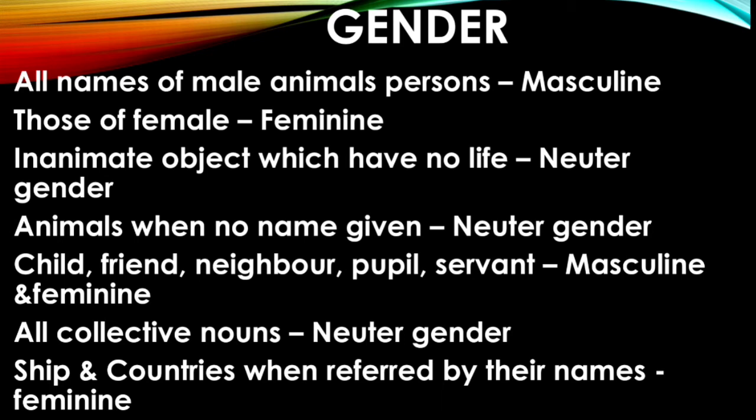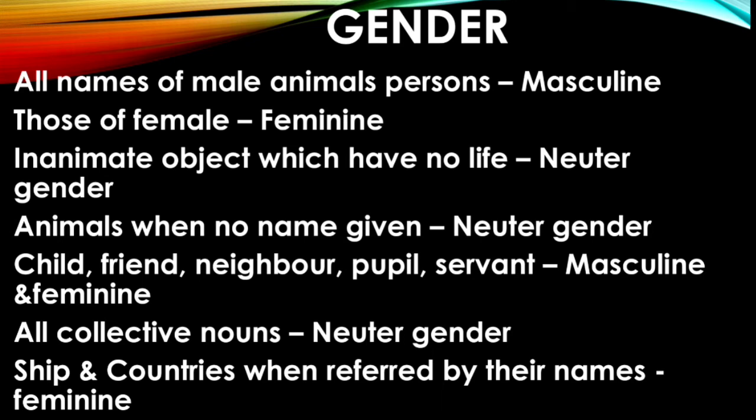Inanimate objects which have no life, and animals when no name is given to them, are of the neuter gender. They have no gender. For them, the pronoun used is it. For the animals and for non-living inanimate things, we use the pronoun it.